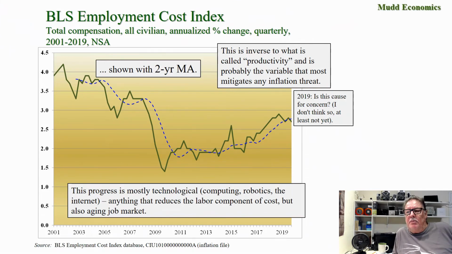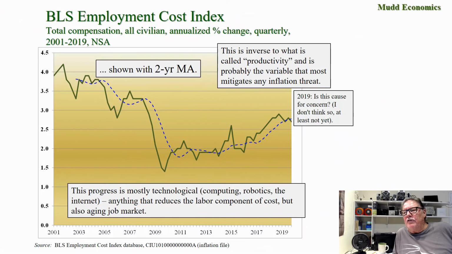It really hasn't been high anytime during this period. 4% is a little on the high side, but as you can tell, as the economy expanded through the period between 2001 and 2007, which was a growth period, productivity was effectively bringing this down.